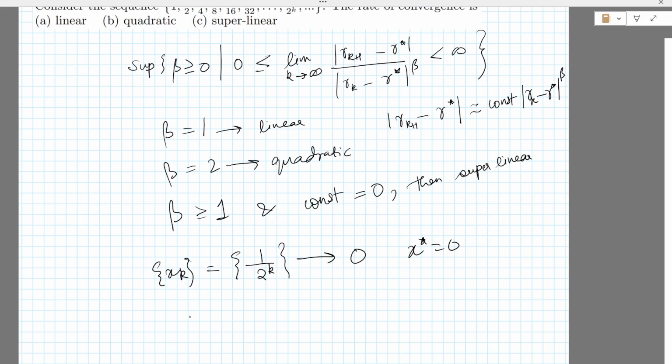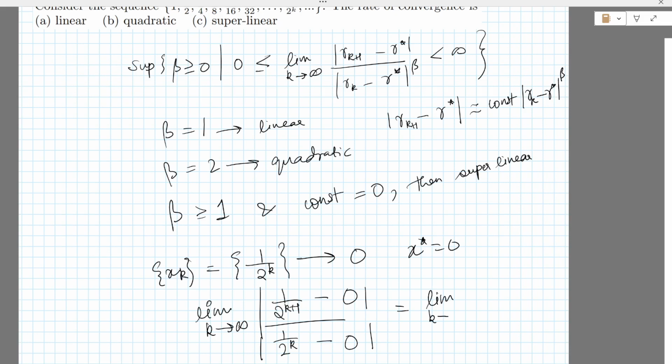And we can check, when k tends to infinity, (1/2^(k+1) minus 0) upon (1/2^k minus 0), which is half, and this is less than infinity. So we get it for beta equal to 1.